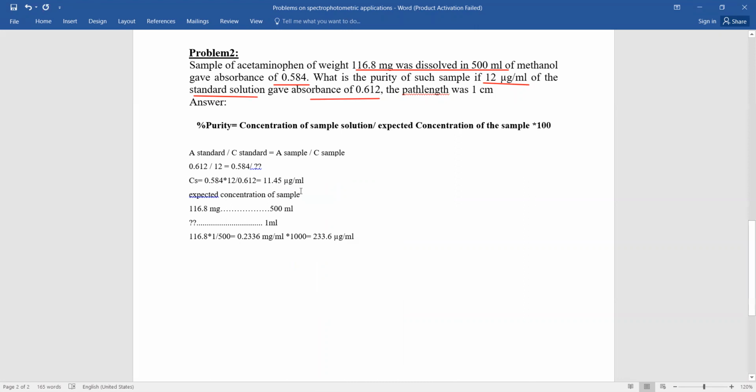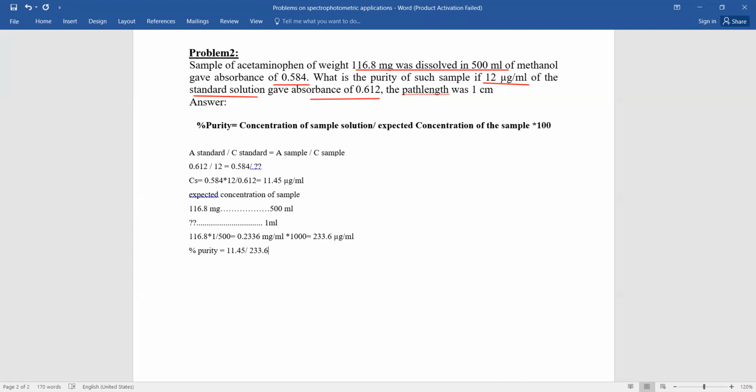Now we can use the rule for the percentage purity, which is the concentration of the sample solution we got from the single standardization method, which is 11.45, divided by the expected concentration, which is 233.6.